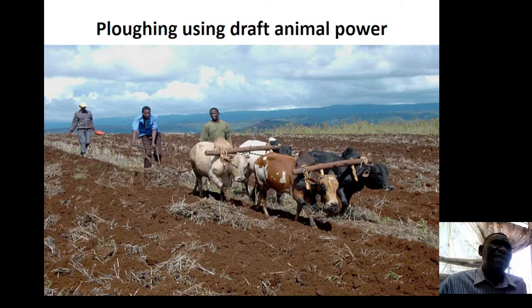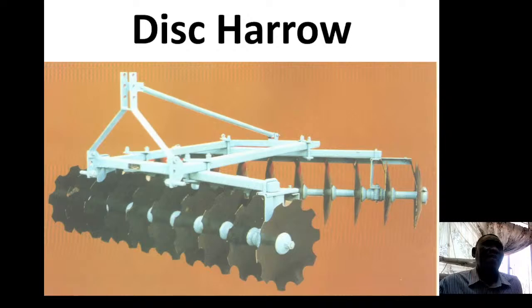Here the farmer is plowing and planting at the same time, but sometimes the seed may be deeply buried in such a way that you get a reduced stand. This is the disc harrow.